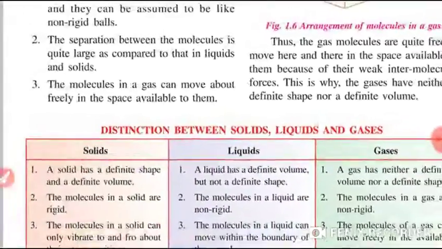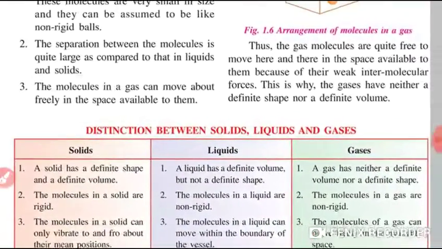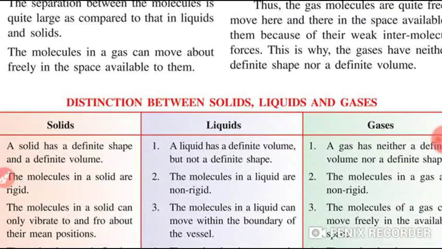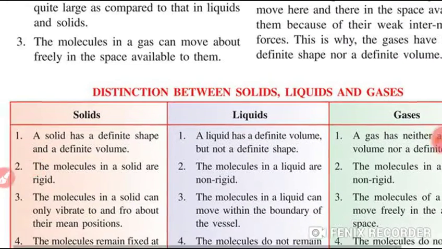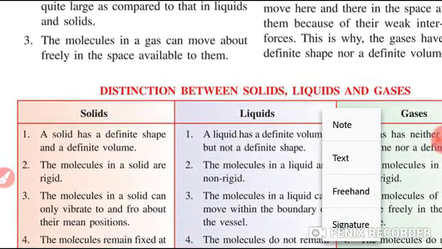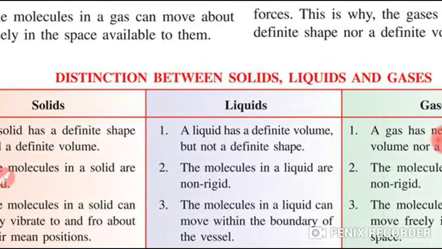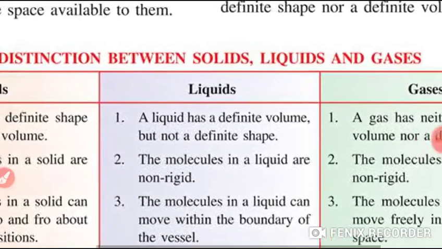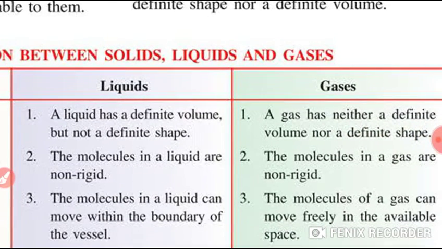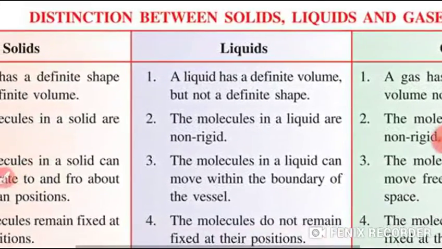So students, we will learn some differences between solids, liquids and gases. First of all, the solid. A solid has a definite shape and volume, while a liquid has a definite volume but not a definite shape, while gases have neither a definite volume nor a definite shape.